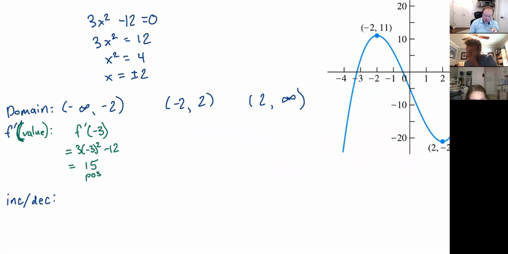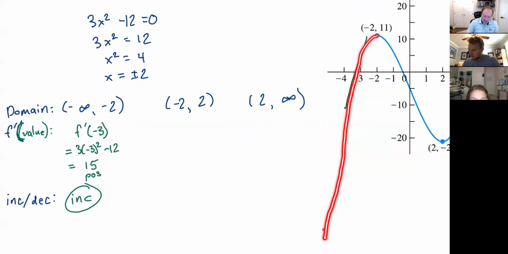So we have a tangent line that is going to be positive. In other words, we now know the function is increasing on the interval from -infinity to -2. And if you look at this part of the graph, the slope of the tangent line will always be positive. That is to say, the original function is increasing.